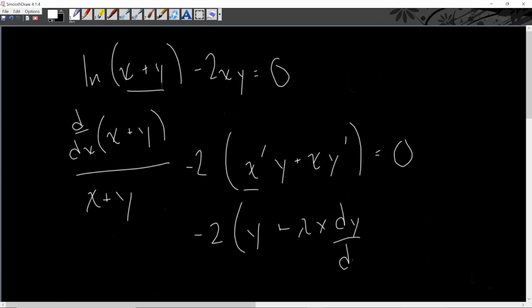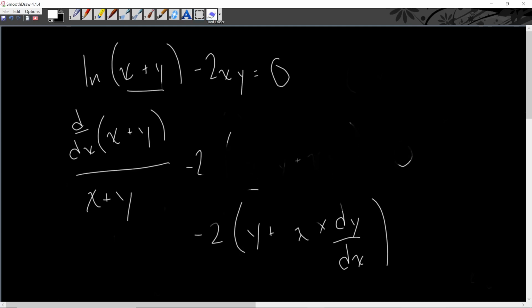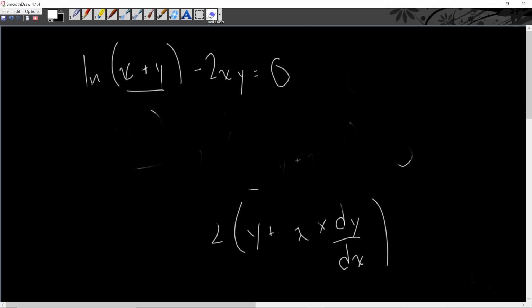I know that's not the greatest x. Let me write that. But yeah, this is kind of not going to be the greatest to solve for dy/dx for, but we're going to try our best. And let's write it all out now.